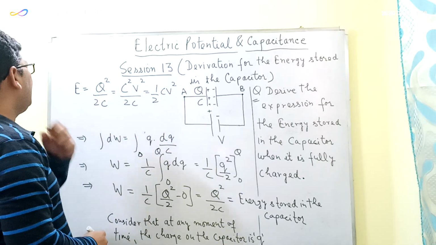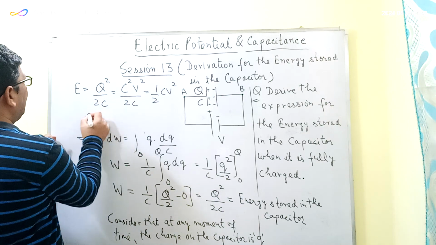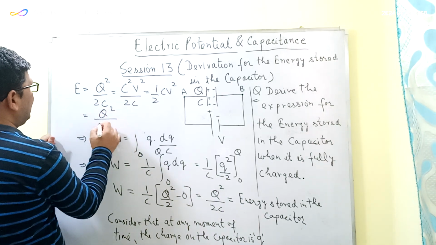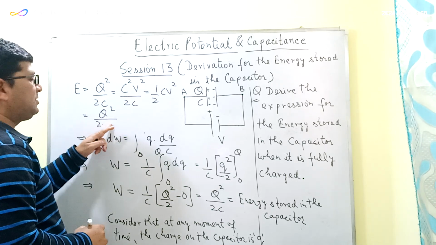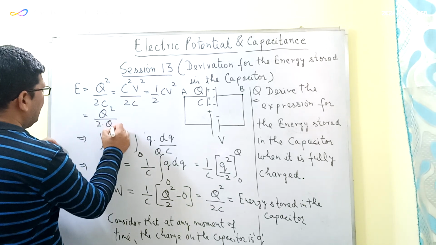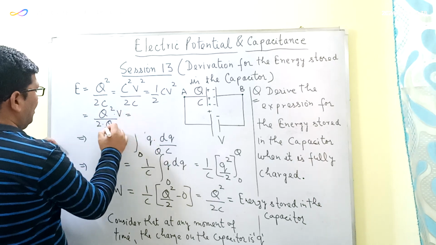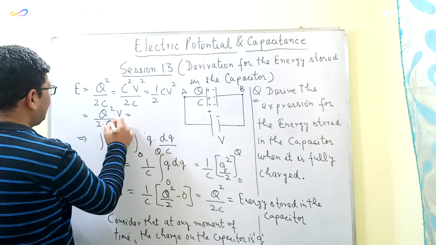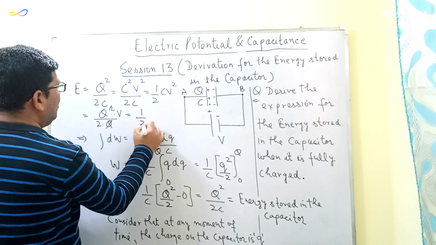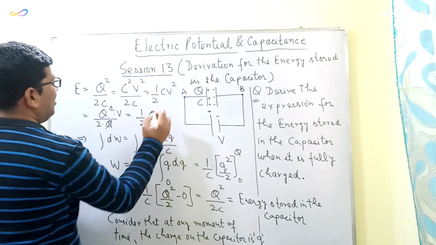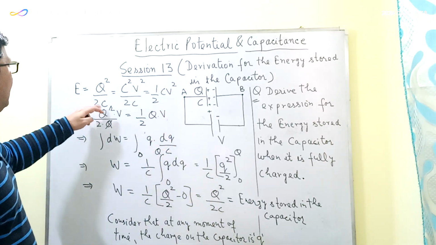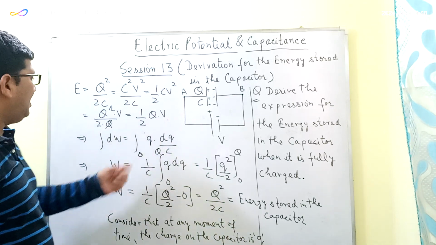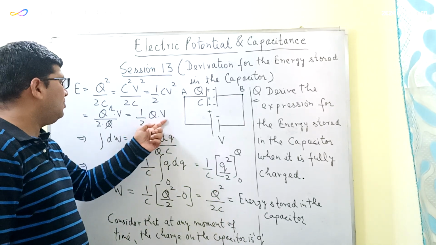Also, since C is equal to Q upon V, we get Q square upon 2 times Q upon V, which is equal to half QV. So the energy stored in the capacitor is equal to Q square upon 2C, which is also equal to half CV square, and also equal to half QV.